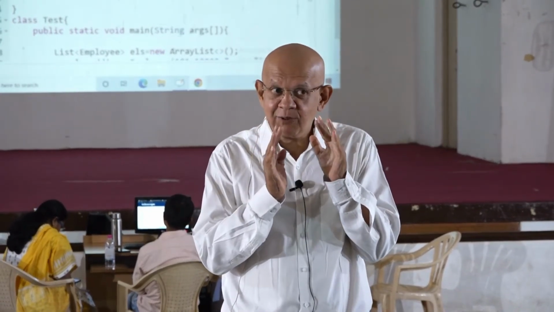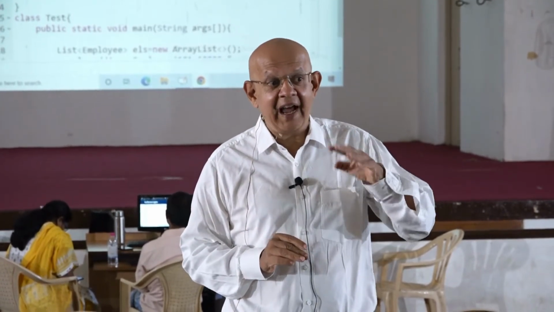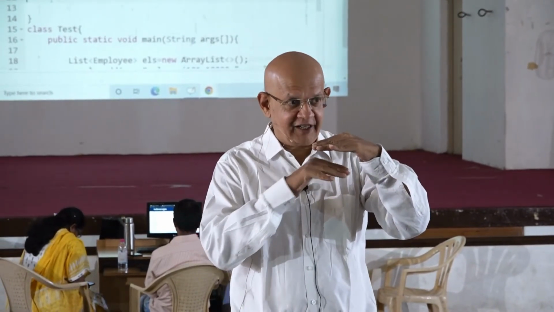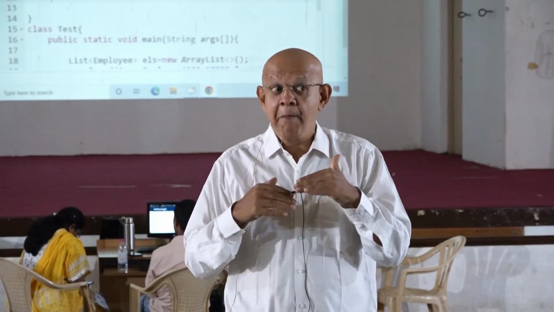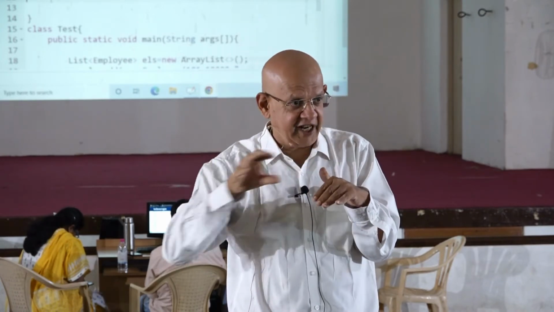method. Overriding means what? I am not writing a new method. I am overriding an existing method. So, the signature of the method, signature means what? Name of the method, return type and parameters must match some inherited method's signature.